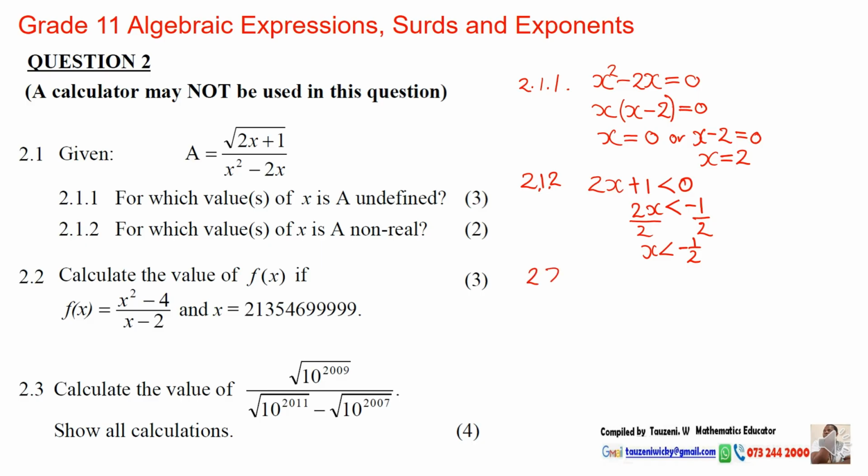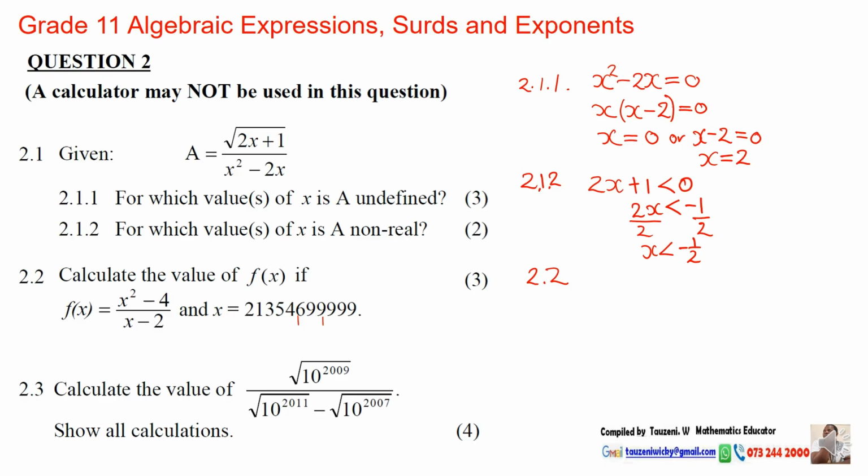Then question number 2.2. We need to find the value of x, if f of x is equal to x squared minus 4 over x minus 2 and x is equal to the value given. This is such a big number: 21,353,699,999.